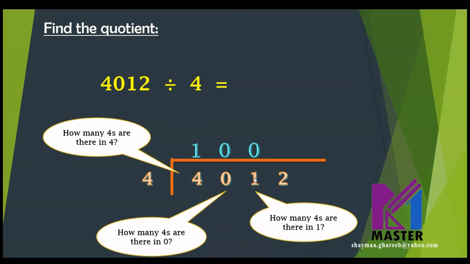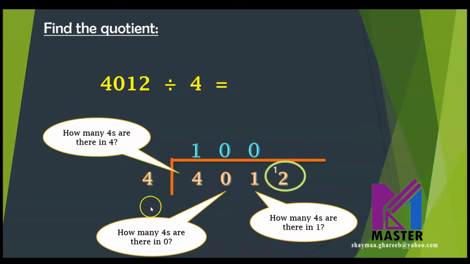No 4s in the 1. But this time there will be remainder, which is the 1 itself. It's still there. So I will consider the 1 as remainder, and I will put it next to this 1 and beside the 2 here. Then I will move to the next step. Now I have number 12.